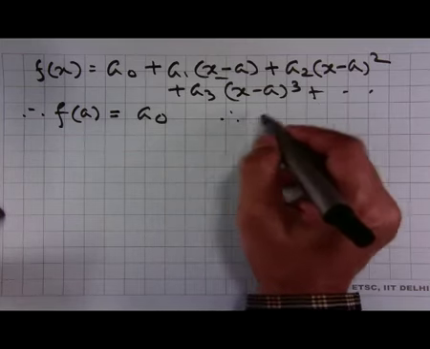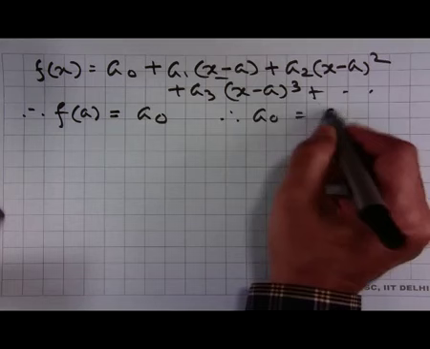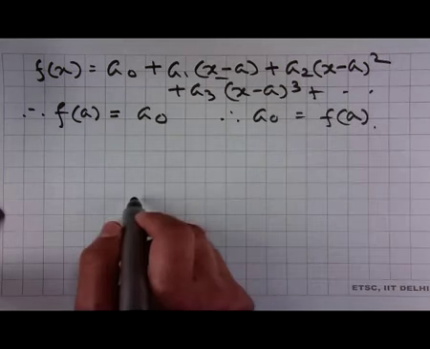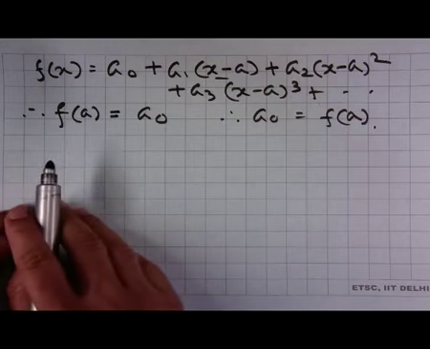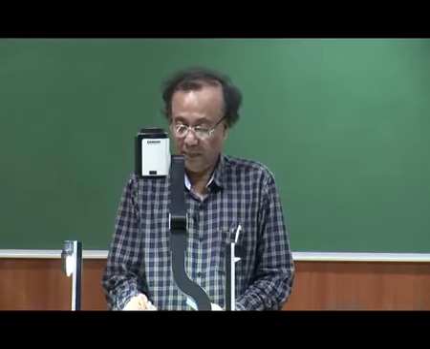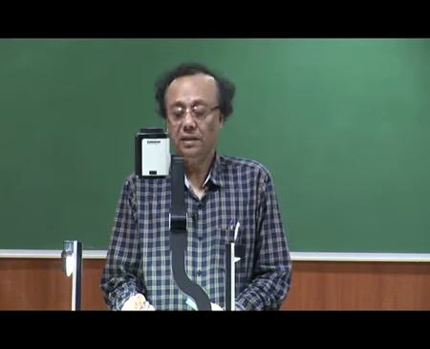Therefore, a0 is equal to f(a). Thus, the constant term will be the functional value at the point a, about which we are expanding the polynomial.